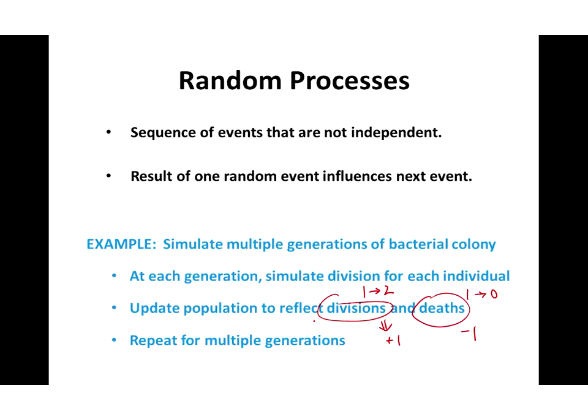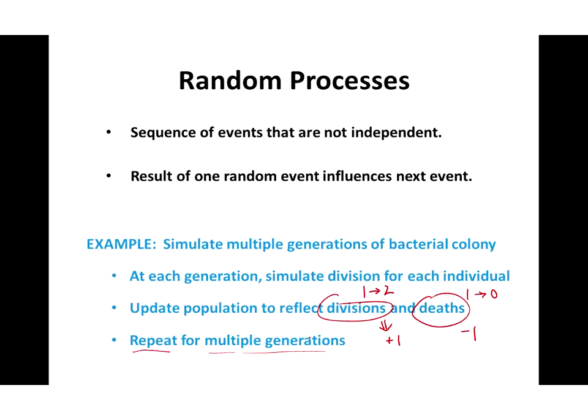So really all we have to do then is figure out how many individuals in the population successfully divided and increase the population by 1 for each of them, and then figure out how many individuals died and decrease the population by 1 for each of them. And that will conclude simulating one generation of divisions, and then we can repeat that process for multiple generations.